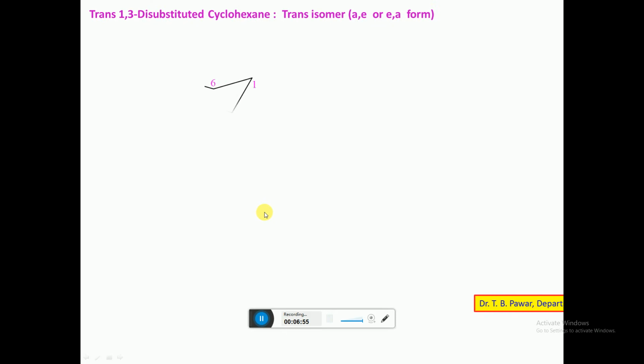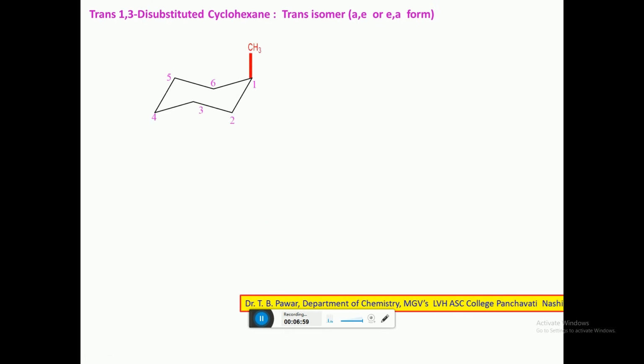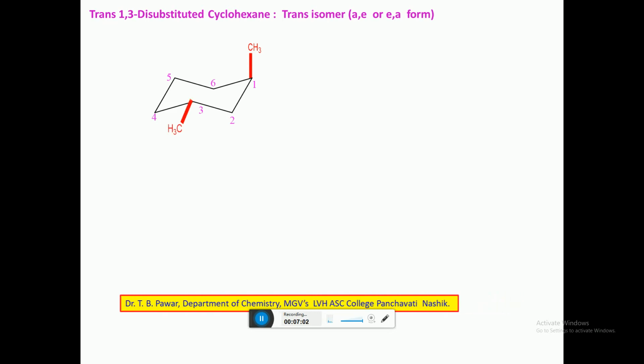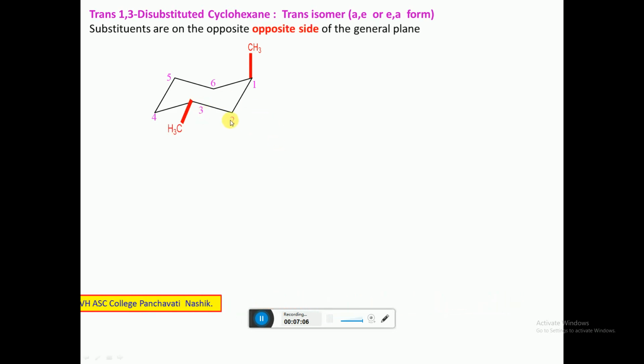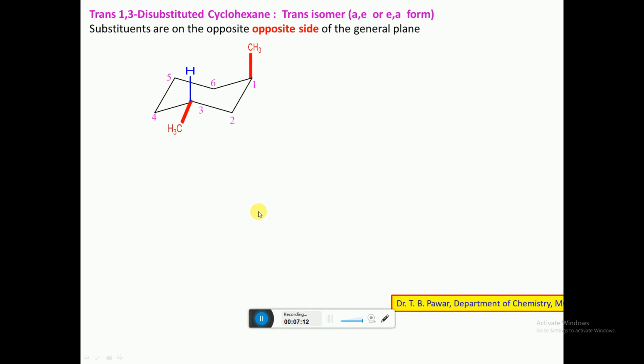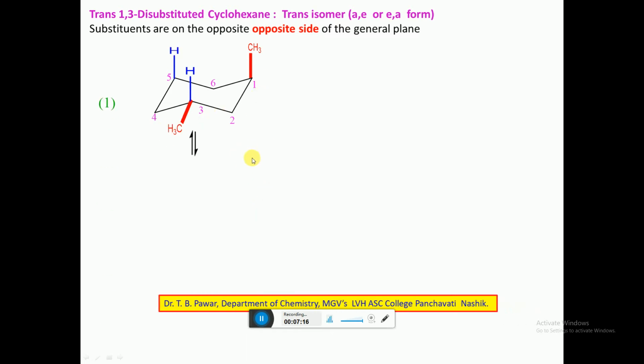Now, trans 1,3 dimethyl cyclohexane. In the trans 1,3 dimethyl cyclohexane, both the methyl groups are on opposite sides of the general plane. So it is a trans. So it may be axial equatorial position or equatorial axial position.